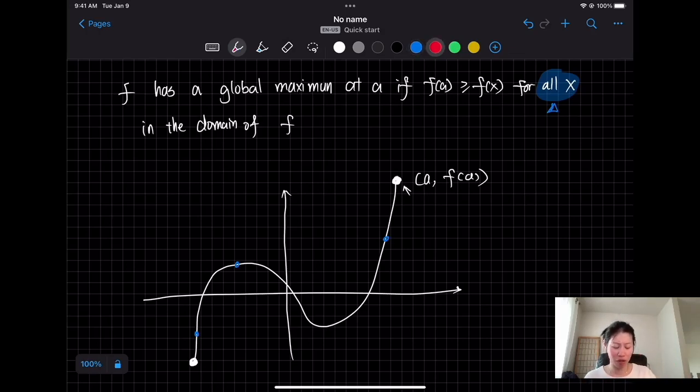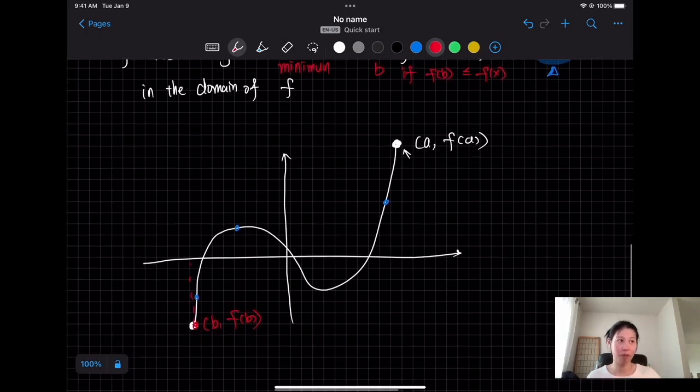This is similar to global minimum. So global minimum is at b, let's say b, if f of b is less than f of x for all of the x in the domain of f. So in this case, this is our b, and f of b, as you can see, is the lowest point in this graph.